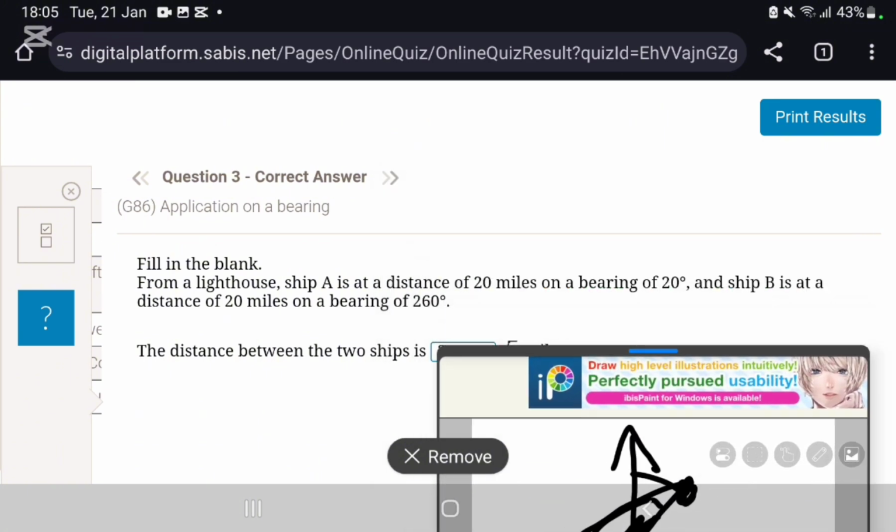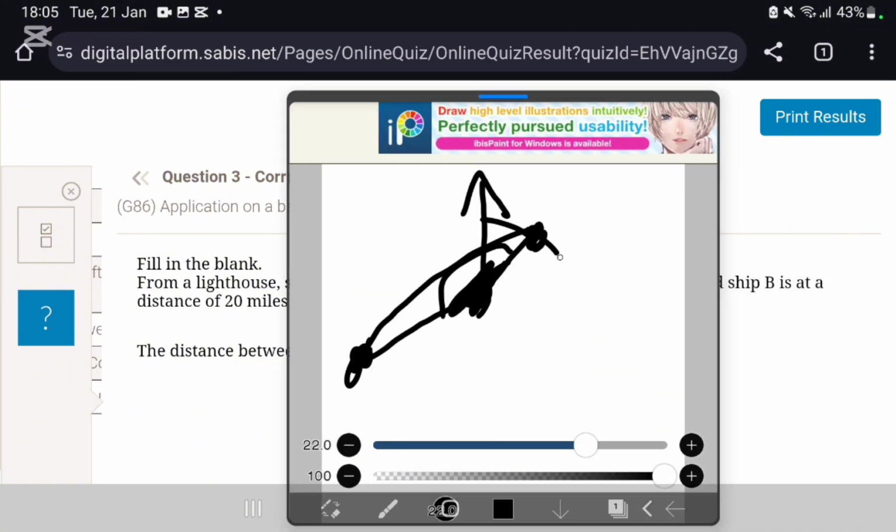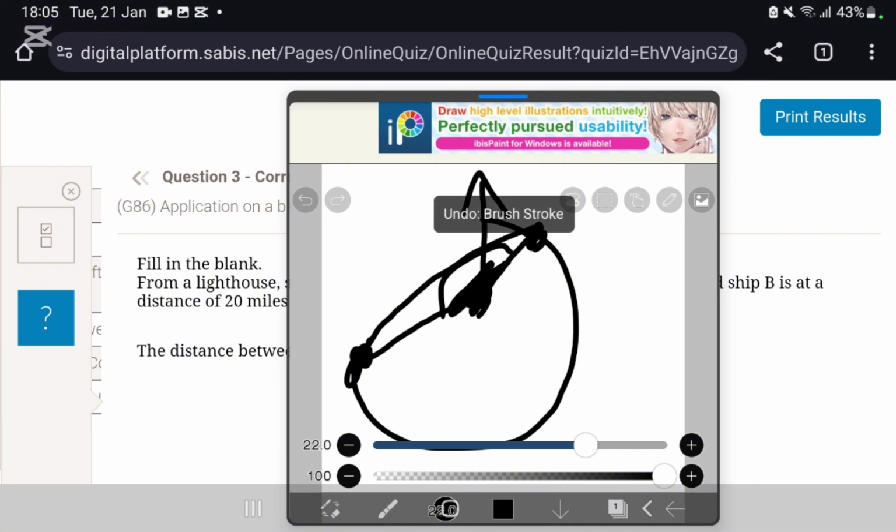Because if this is 260, then the rest of this will be 100. And if this is 100, this should be 120. So 20, 20.